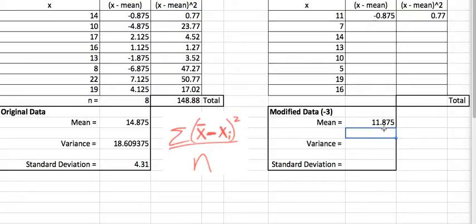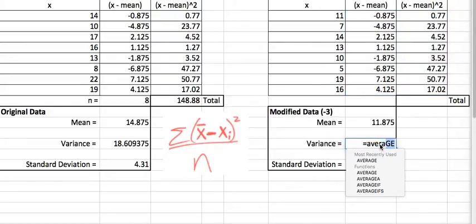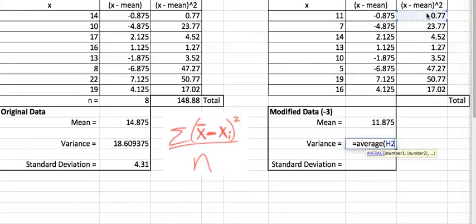Now, the nice thing about this is I can redo this real quickly. So here I'm doing the x minus the mean for each of these scores. I'm squaring those values. And then for my variance, I need to find the mean of those squared differences from the mean.